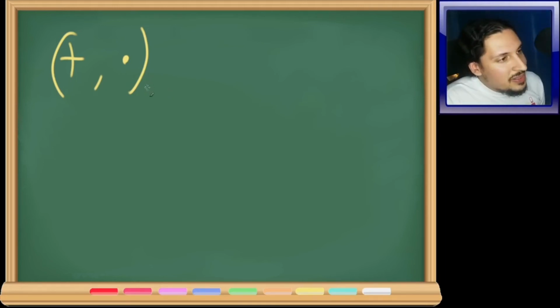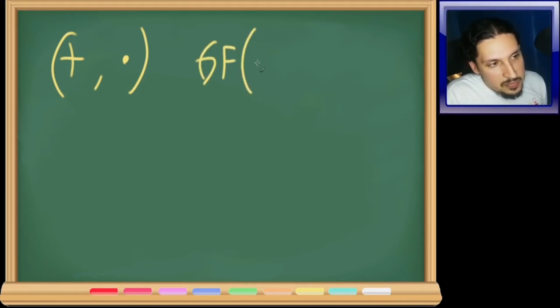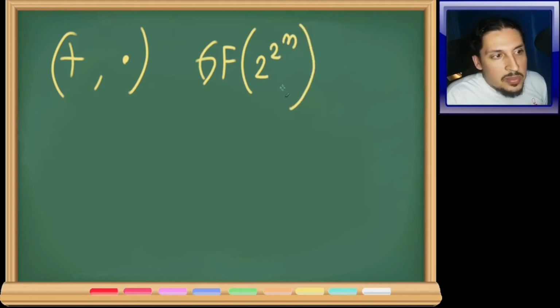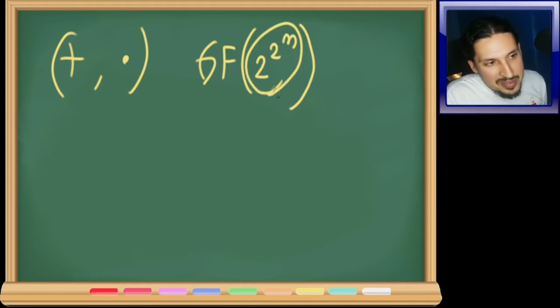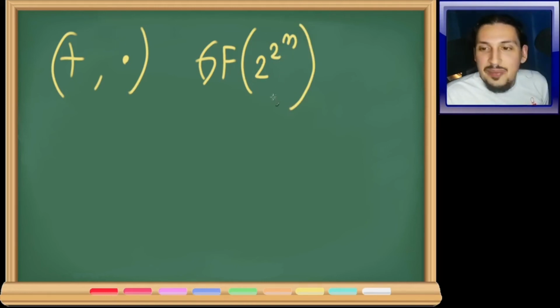Wow, a finite field, and basically it is the finite field of order 2 to the 2 to the n. Wow, this is weird. These are Fermat numbers, right? 2 to the 2 to the n are Fermat numbers.